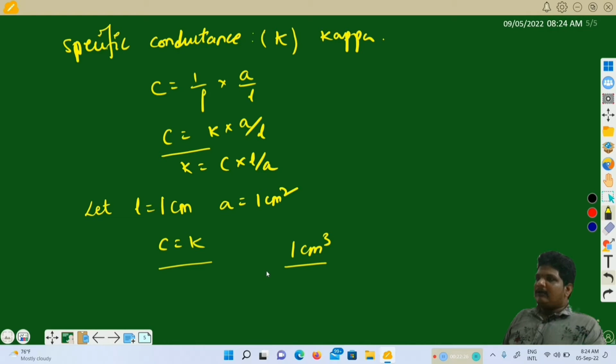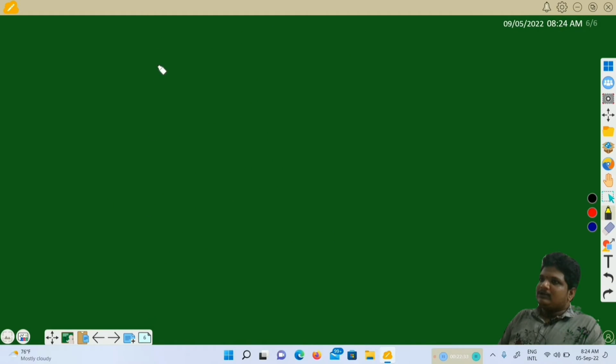Okay, so now let us derive the units of conductance and specific conductance. As we know, the unit of resistance is ohm.